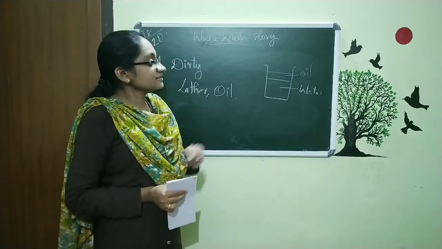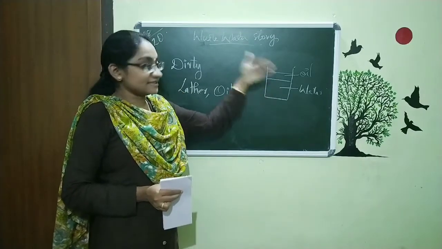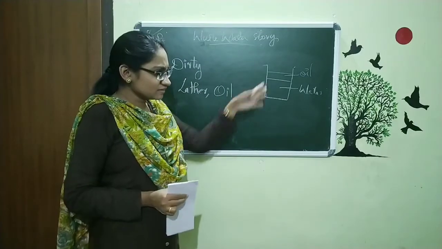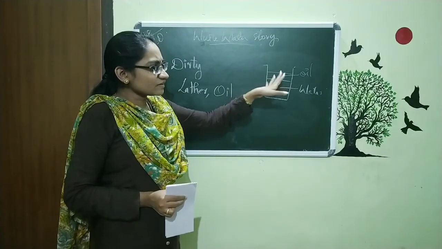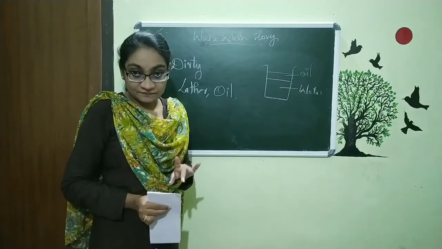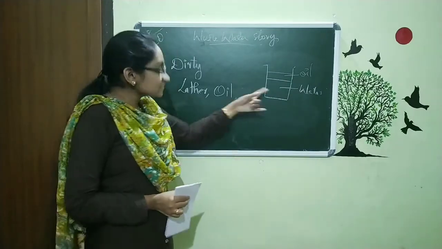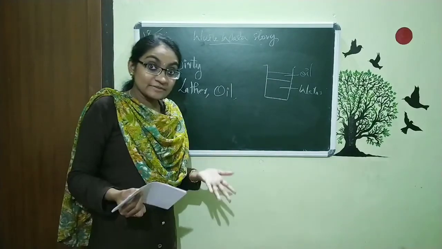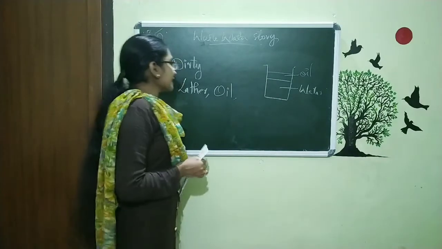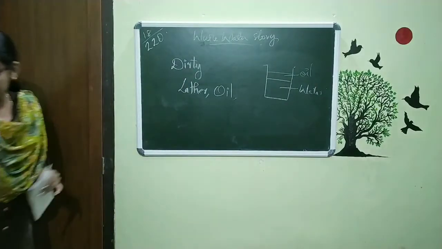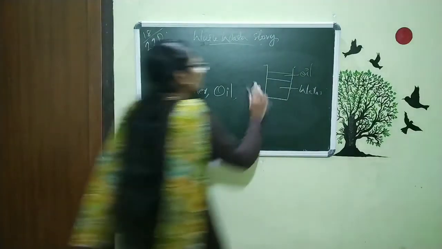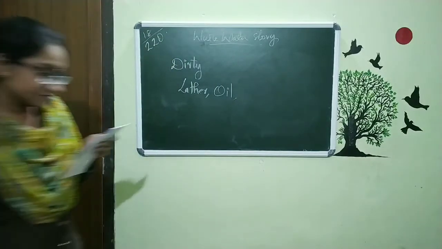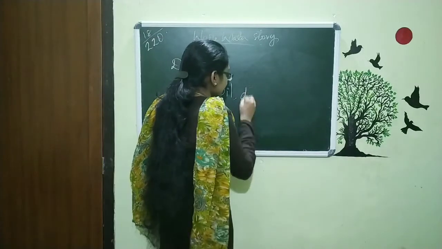You can see this: water will be at the bottom and the oil will be at the top. That means this oil is not at all getting mixed with the water. This mixture is also a type of contamination to water. So we can say the mixing of oil with the water is also a type of contamination.